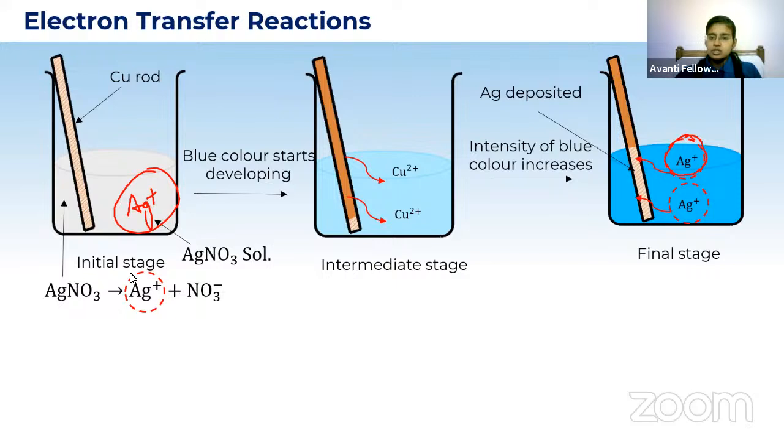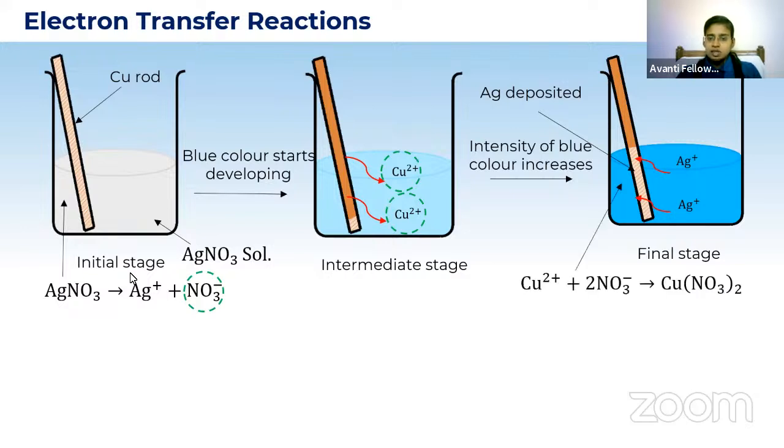And because of this only, we observe the color change. And the NO3- is also present inside the solution, right? So that NO3- will react with the copper 2+ present in the solution and it is getting converted to copper nitrate.